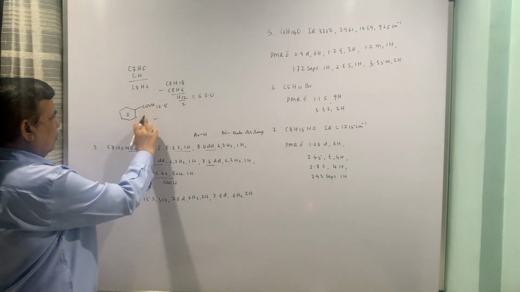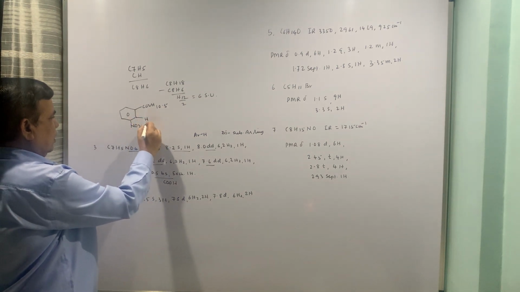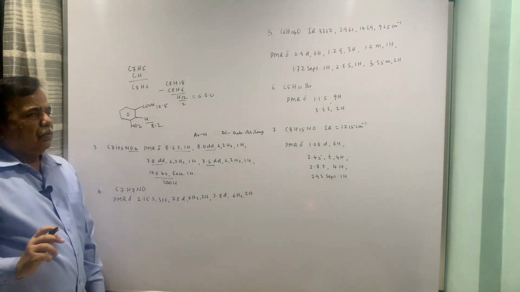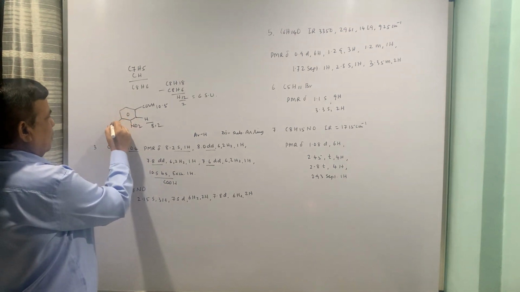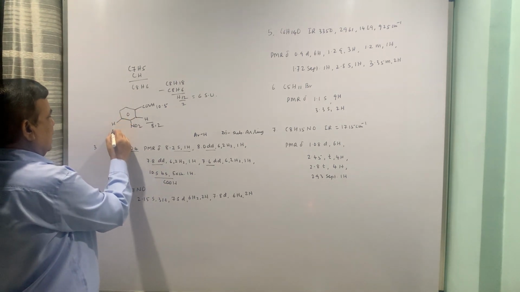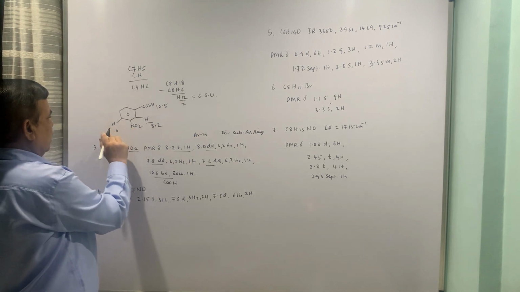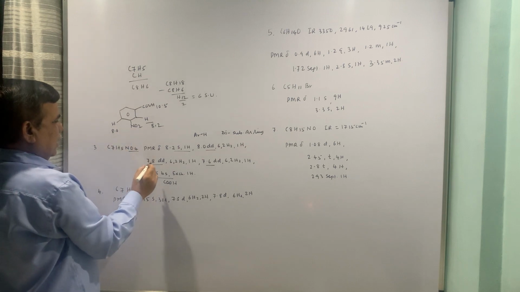Or you can think of putting NO2 here because I want this hydrogen to be a singlet at 8.2 because this is ortho to 2 acceptors, so deshielded. Then this one is 8 because it is ortho to one of the acceptors and para to another.